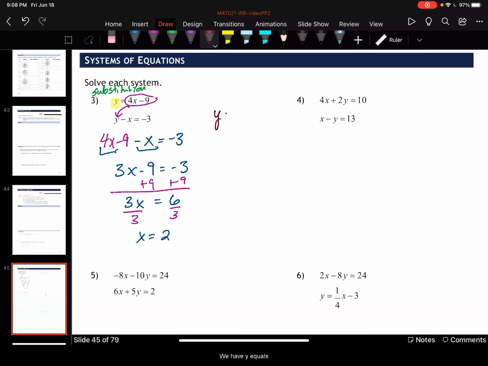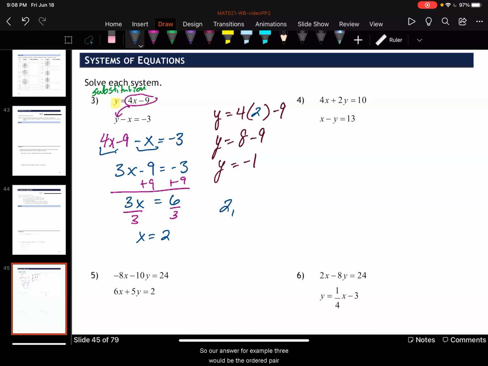So we'd have y equals 4 times, and instead of x, I'm going to plug the 2 in, minus 9. So y equals 8 minus 9. Y equals negative 1. So our answer for example 3 would be the ordered pair 2, negative 1.